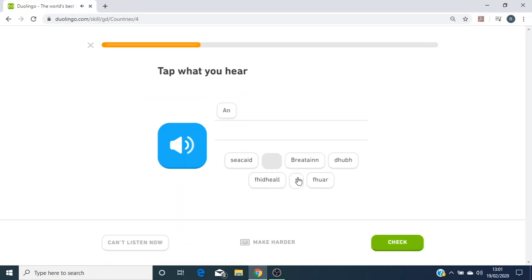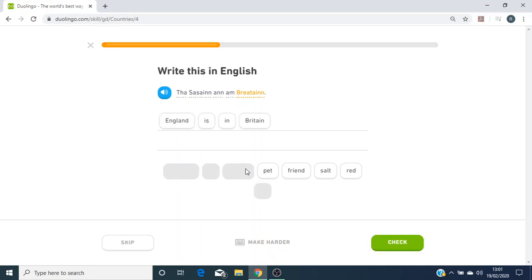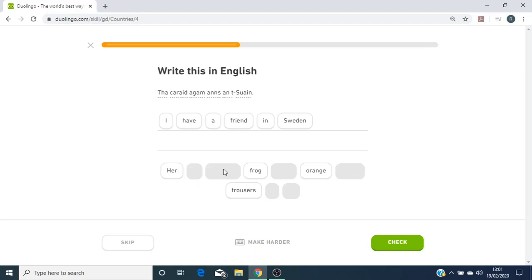The black jacket. England is in Britain. I have a friend in Sweden.